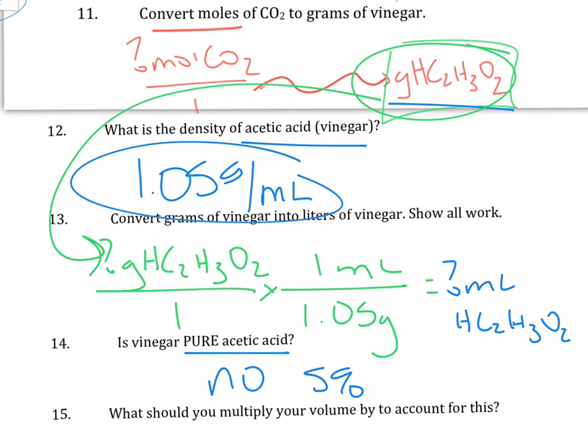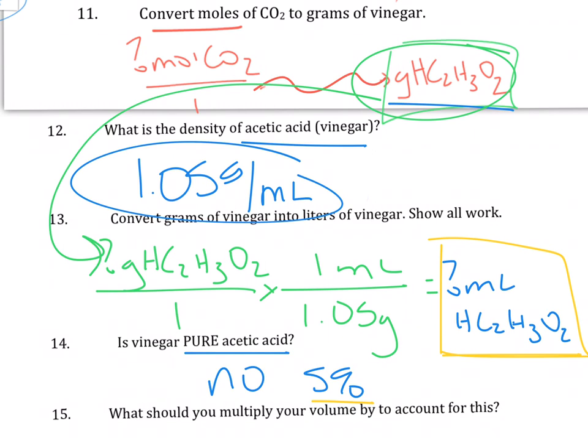Theoretically, let's just pretend that this number that you get here is like 20 milliliters, okay? So you walk over to the vinegar and you pour 20 milliliters of it, okay? Only 5% of that 20 milliliters is actually acetic acid. So you actually don't have as much acetic acid as you need from your stoichiometry.